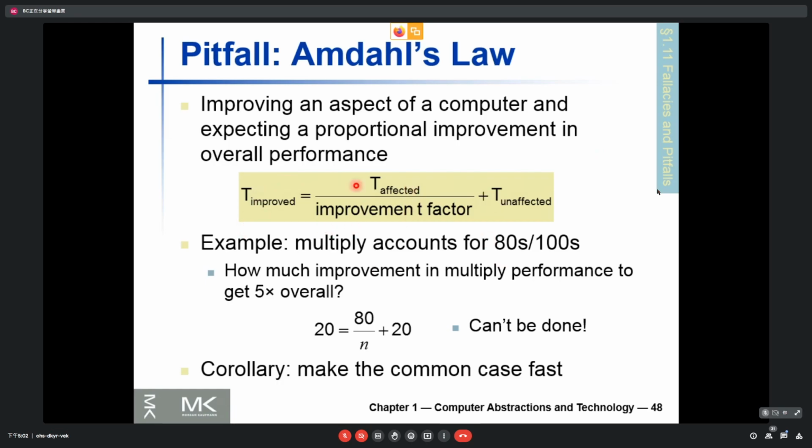So if you apply Amdahl's law, the total time that you need to achieve after a 5x overall improvement is to reduce from 100 seconds to 20. 你要从100变20，你才是加速5倍嘛。你的目标是20。And out of this 100, 80 of them is multiplication, 乘法.